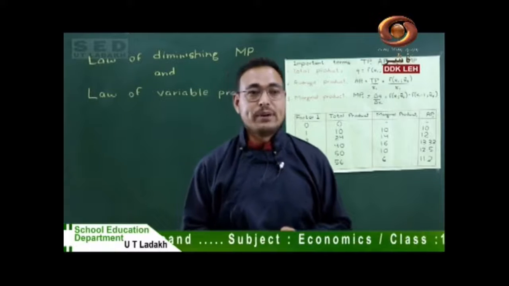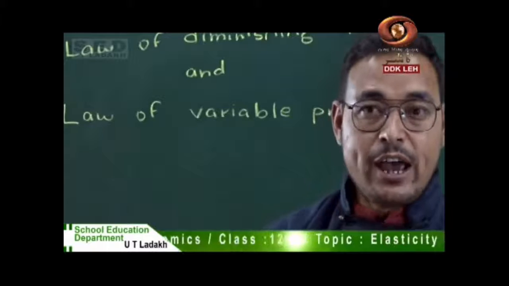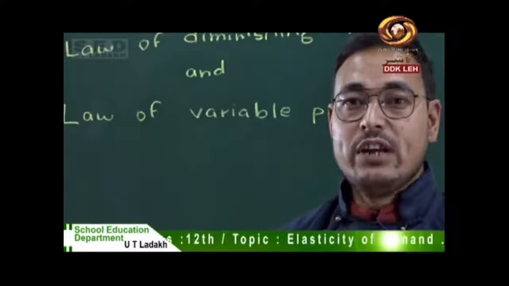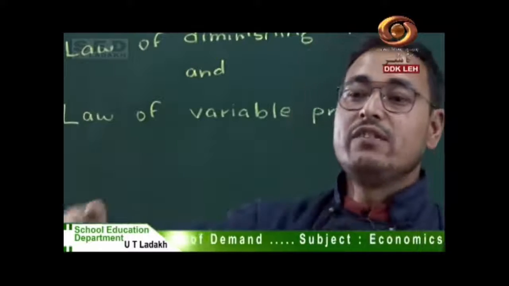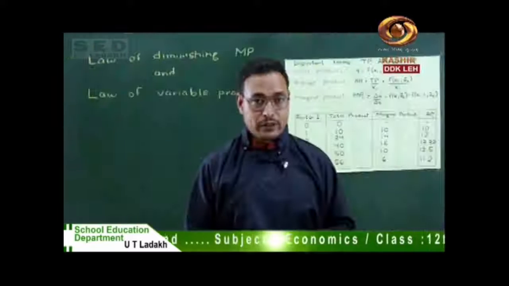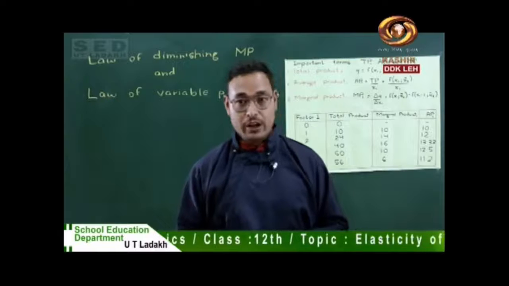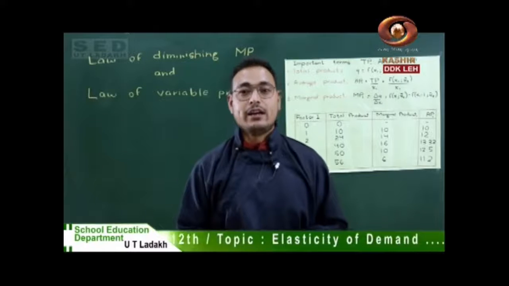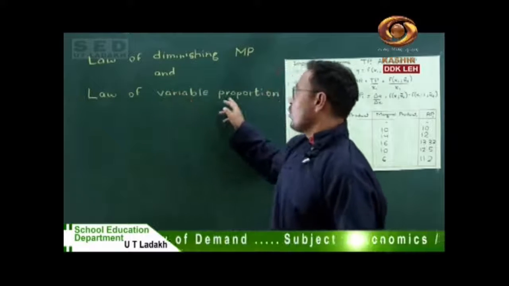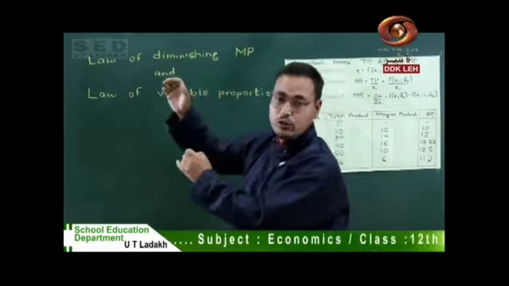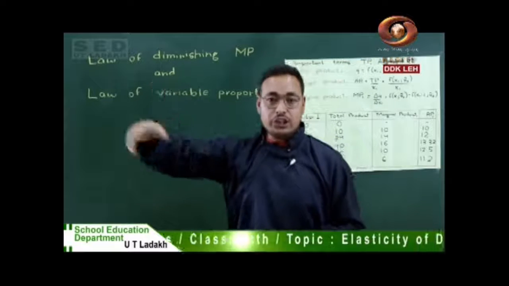But eventually, when you keep on increasing your variable factor, keeping the size of your field fixed, the additional contribution of the labor will start diminishing. In our local language we use the term lasha. So he will be like a source of lasha for it.